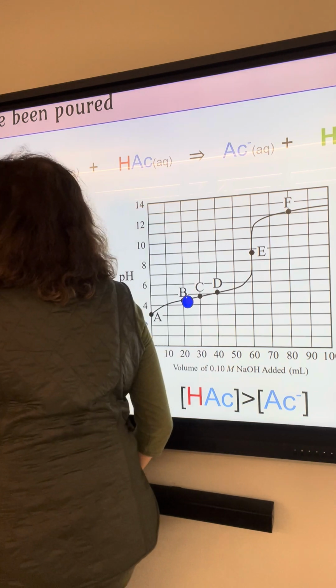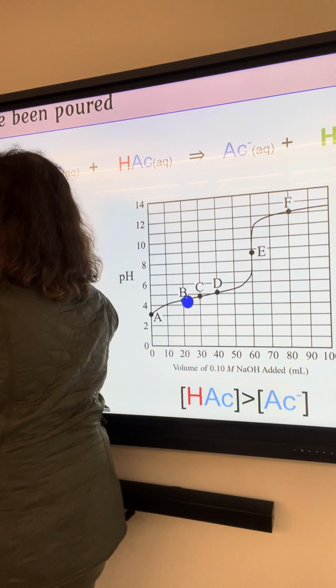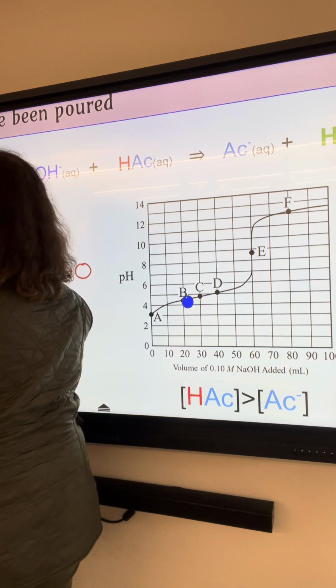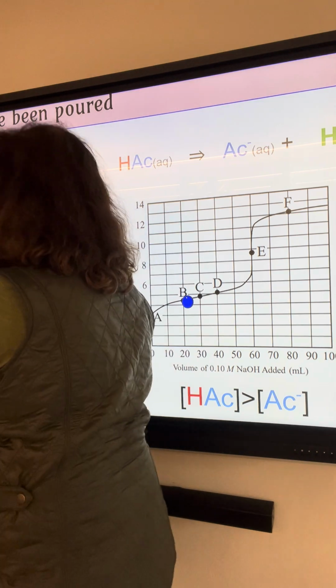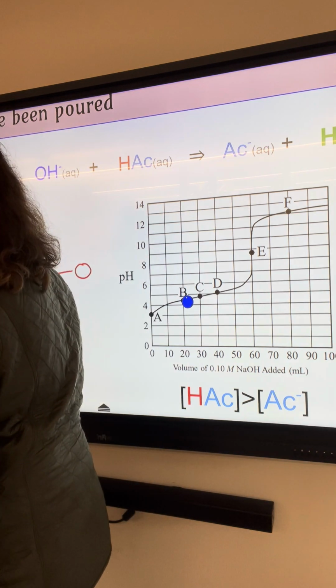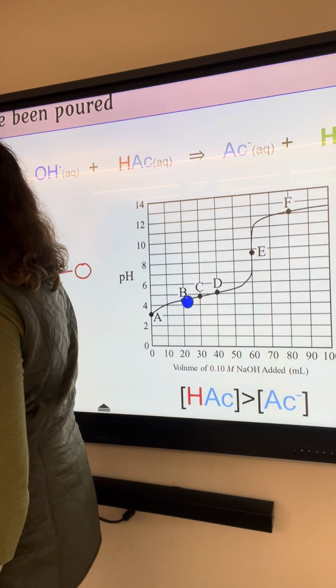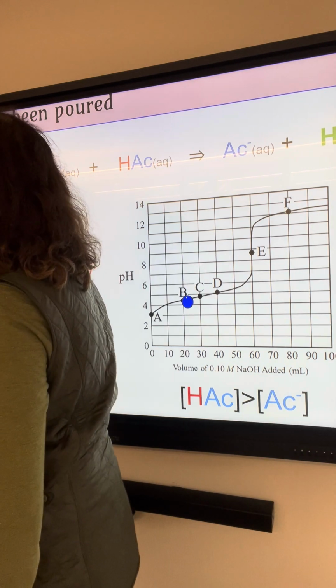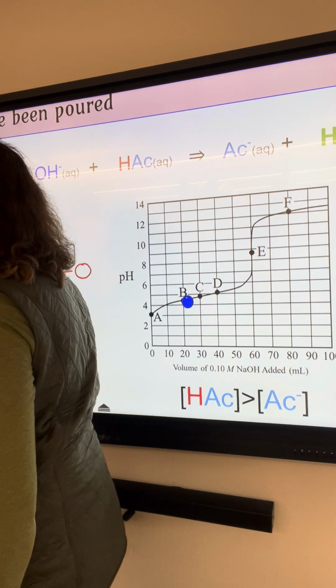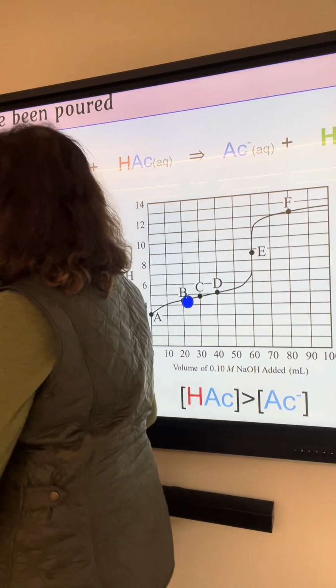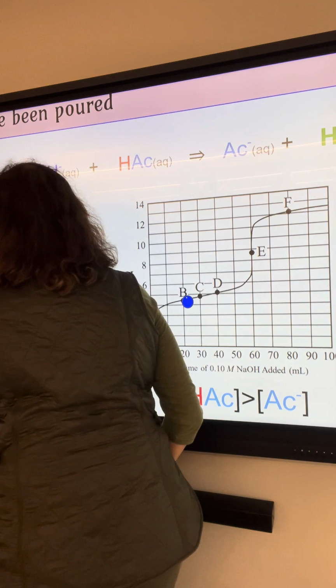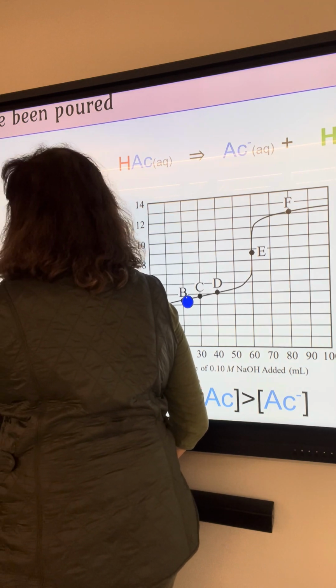So I dropped 2 OHs and I had 2 leftover acetates. That's important to know. Every OH I have will leave behind an AC minus. AC minus is the conjugate base of HAC, right? This is HAC. Every time I drop an OH, I cancel the H and I'm left with an AC minus.